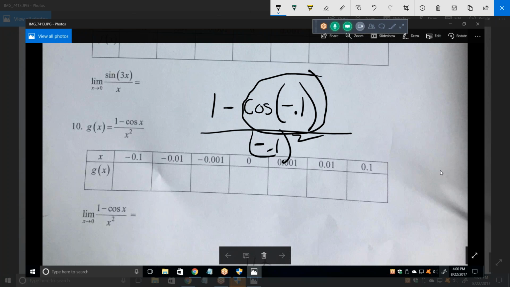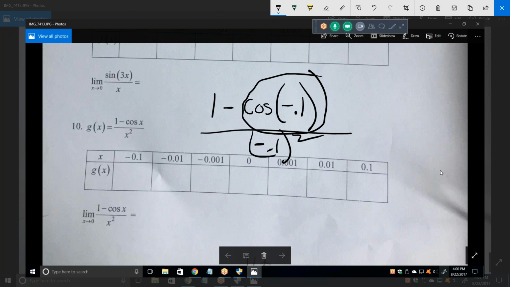So come up with that answer. Divided by negative 0.1 squared, which is 0.01. So it's the numerator times 100.